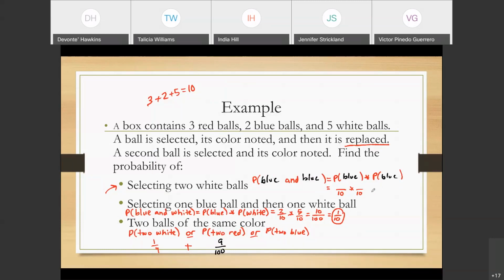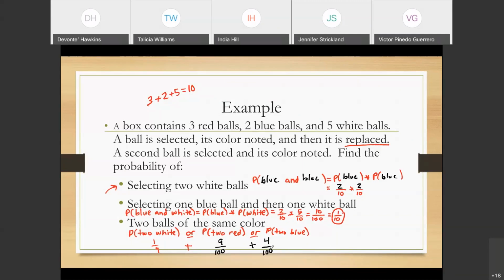What's the probability of selecting blue the first time you pick one? That would be 2/10, right? Because there are 2 blue ones. So that answer would be 2 times 2 is 4, so 4/100.